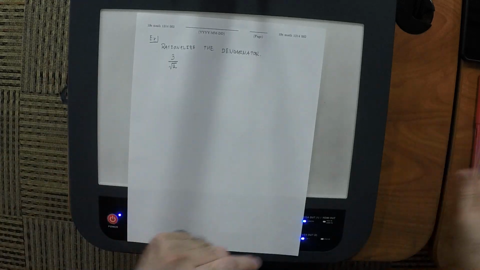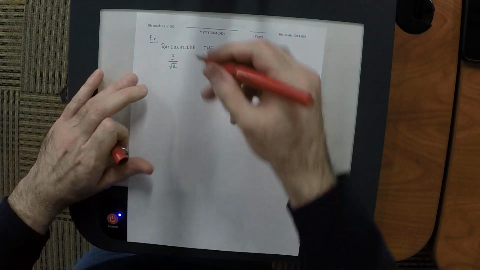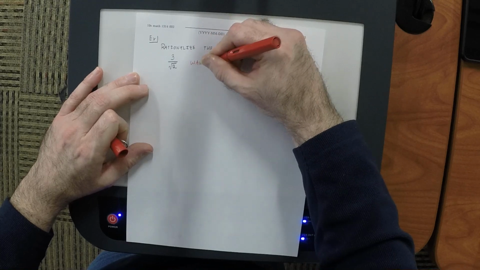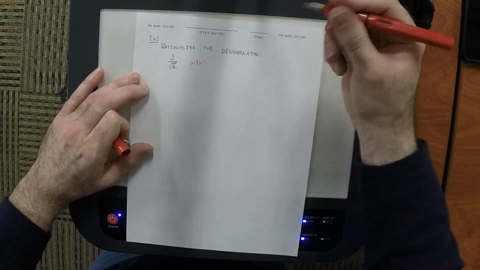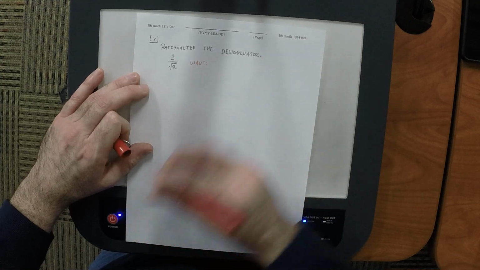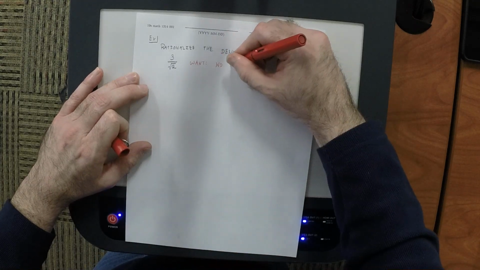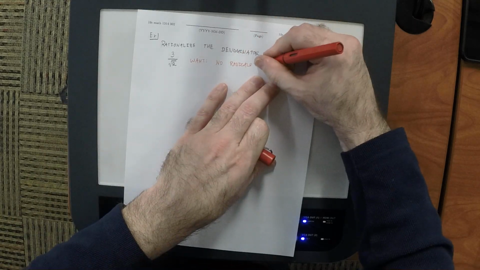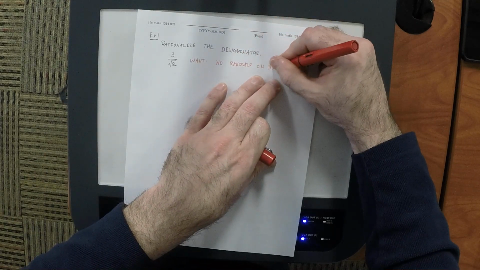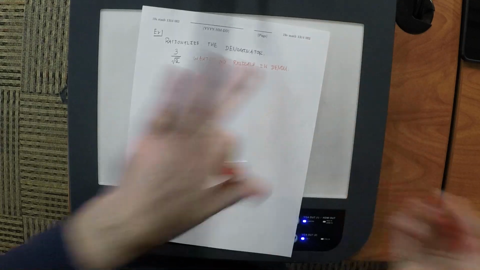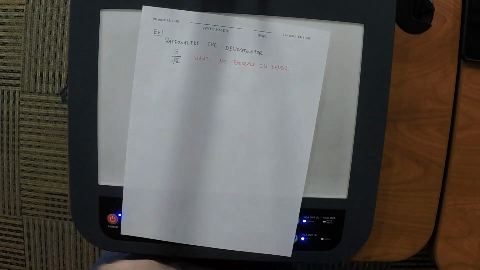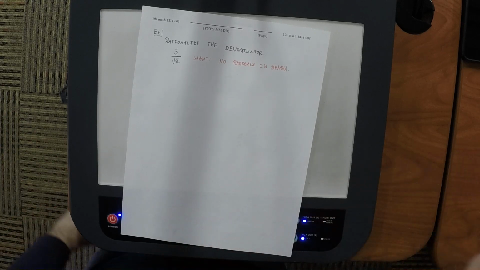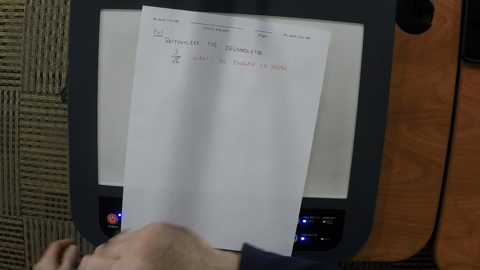Now, to be clear, what's being requested is that we want to have no radicals in the denominator. So I gave you an expression that does have a square root in the denominator, and I want you to respond with something that has the same value, but now there's no square roots down there.